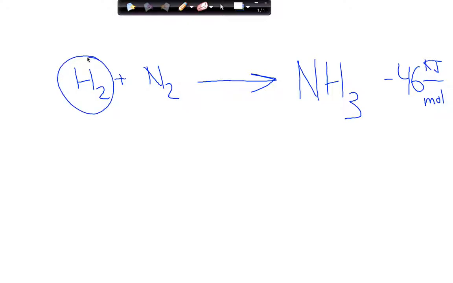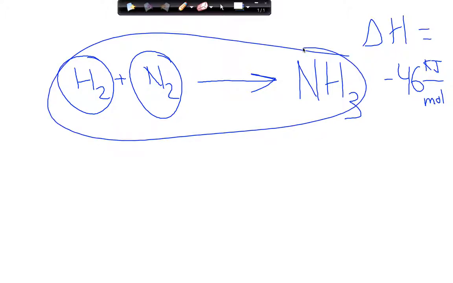When we have enough H2 and enough N2 to form NH3, when we form a mole of that, this much energy is given off. So basically what we're saying is the delta H for this reaction is -46 kilojoules per mole. So they give us the products. We assume that the reactants are just the elements that make it up, and that's the amount of energy that's given off in this case when it forms.